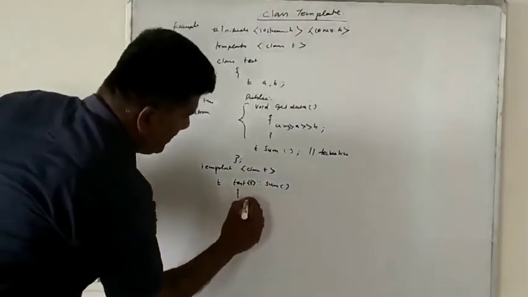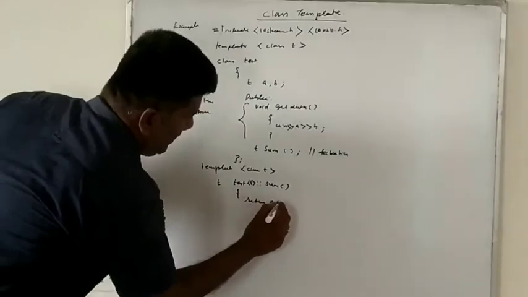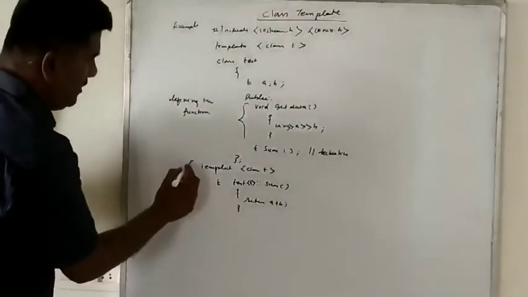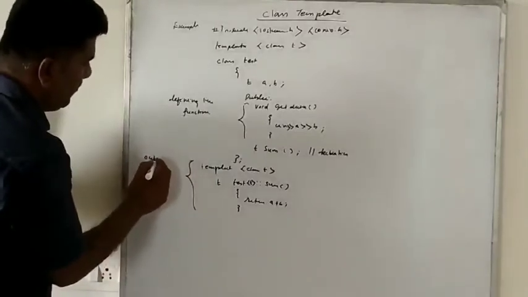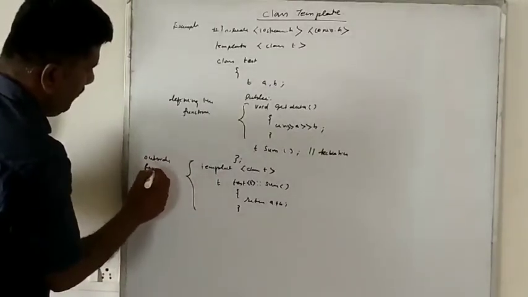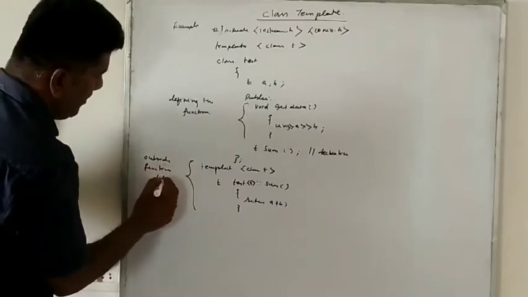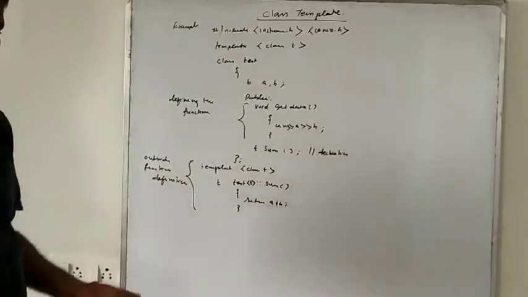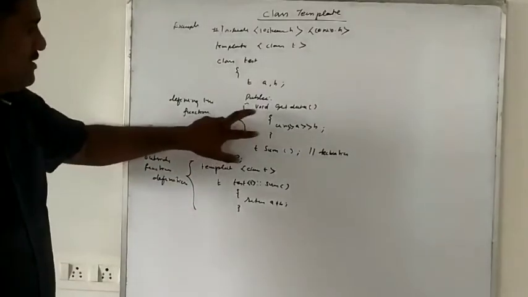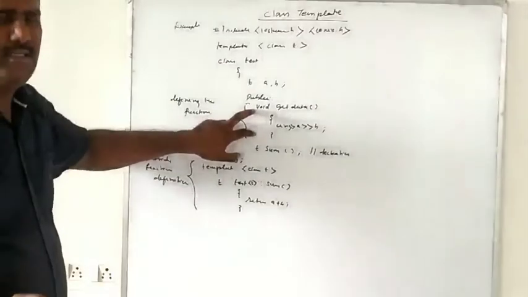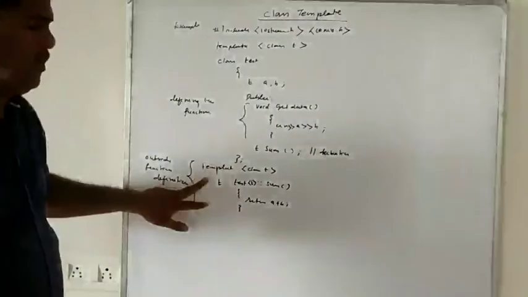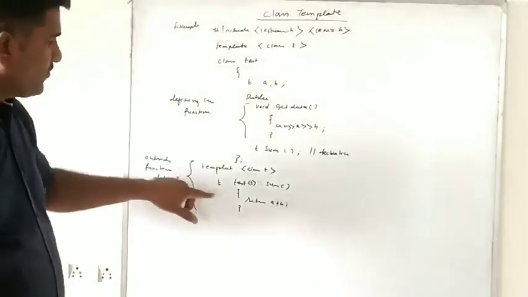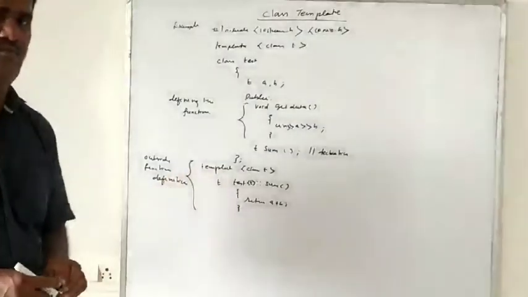Then you write return A plus B. This is called outside function definition. Suppose I want to define a member function outside the class, I use this format.